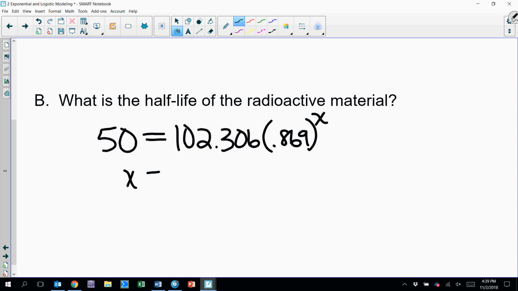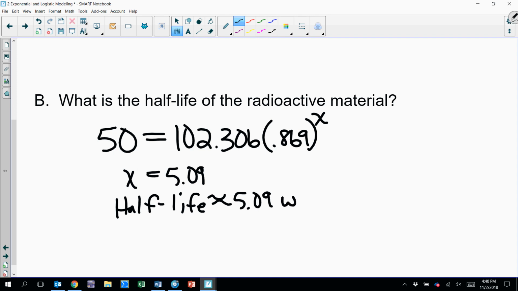So I got x equals 5.09. So that means the half-life is approximately 5.09 weeks. And then we have some additional things to solve there.